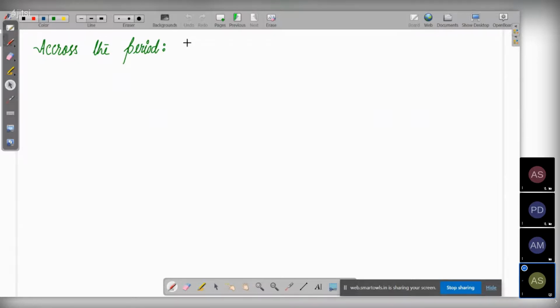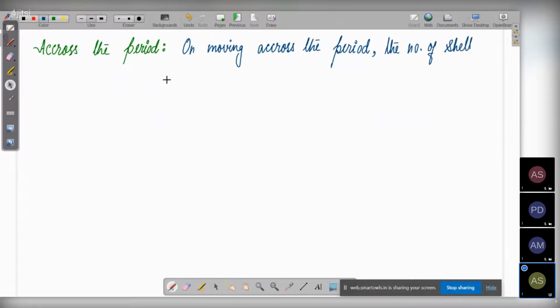So on moving across the period, the number of shells remains constant. Number of shells does not change.